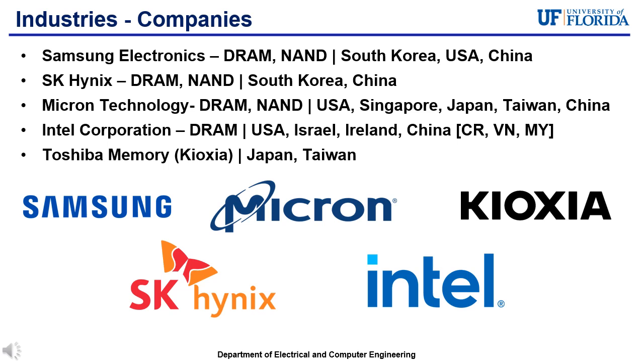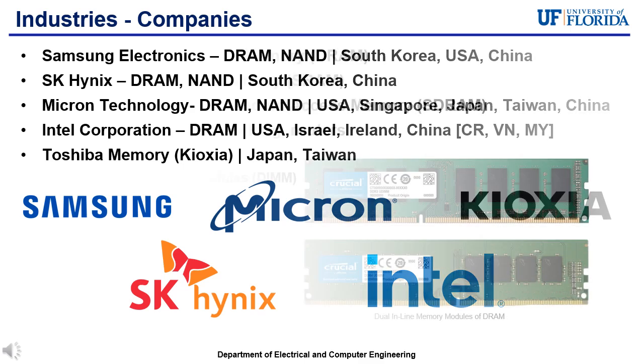And Toshiba Memory, which is as previously stated now known as Kioxia, has their main manufacturing facilities in Japan and Taiwan, but they outsource to other countries as well for production. Outsourcing itself is typically used for cost-saving measures, while it also allows these companies to focus on more specialized expertise while also mitigating risks and increasing their global market share.